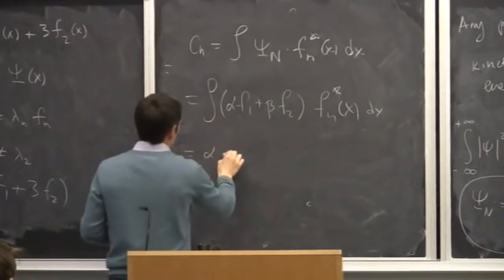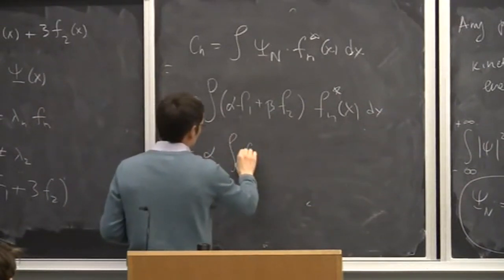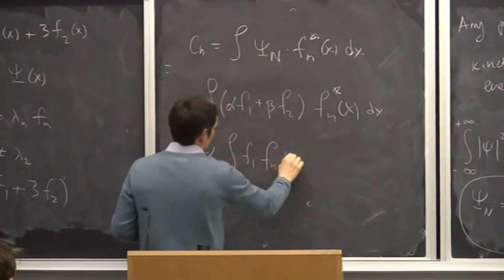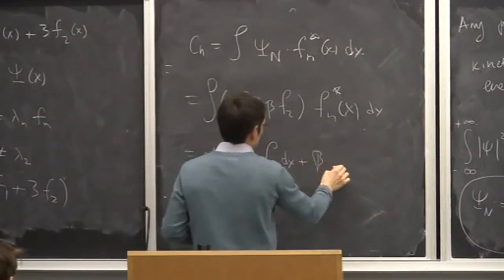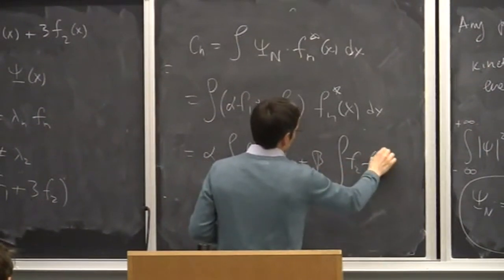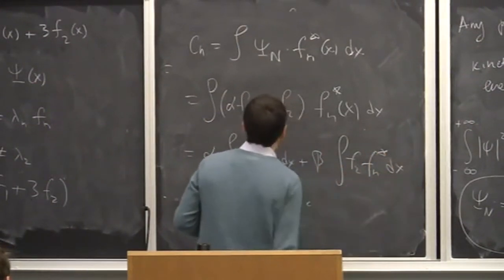This will be alpha times the integral of F1 Fn star dx plus beta times the integral of F2 Fn star dx, right?